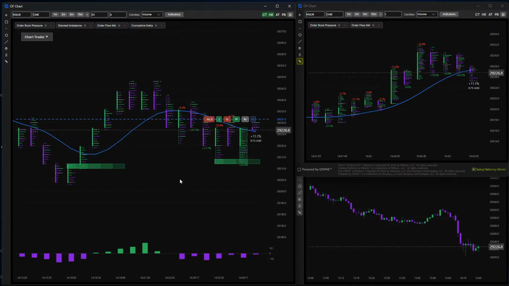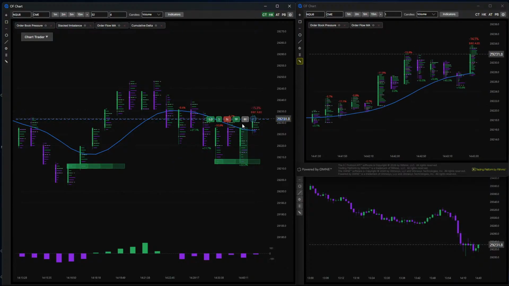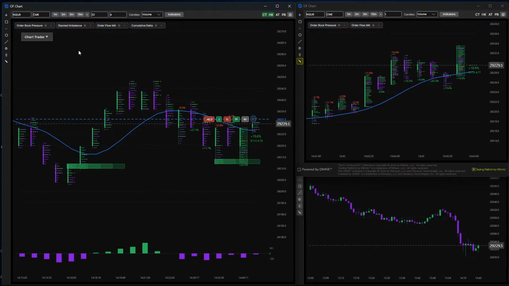Basically, what this has said was, if you look, there's pressure. Try and pay attention to this trade, but this right here, order book pressure. I showed you earlier how I have it set up.